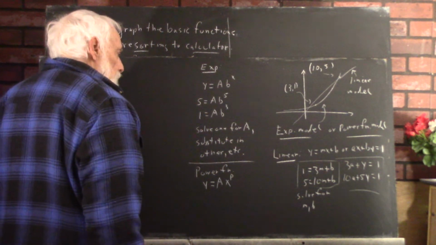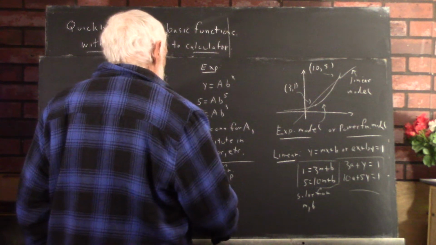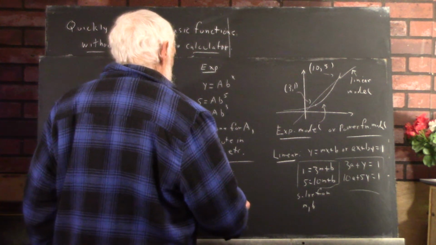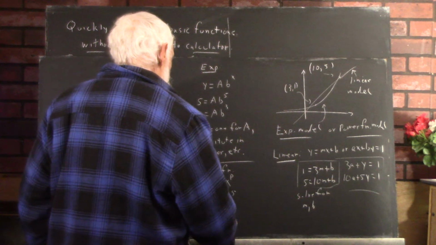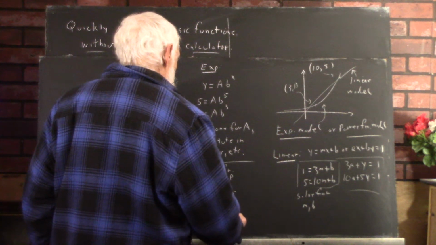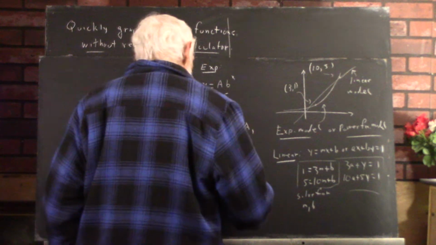y equals a times x to the p. So you would get 5 equals a times x to the 5th, and 1 equals a times x to the 3rd. And that's wrong.